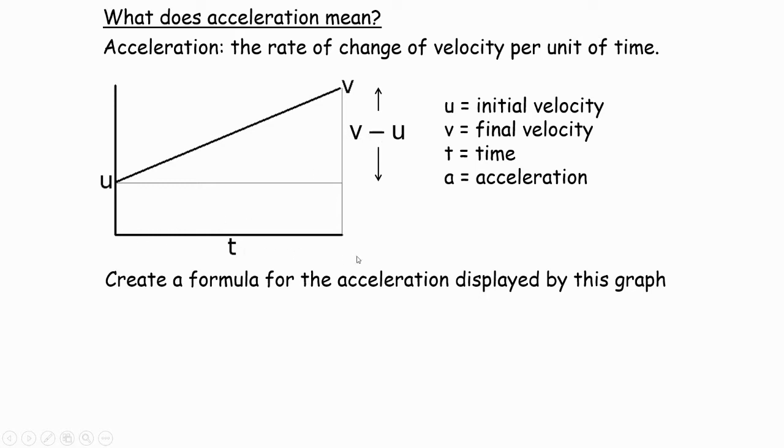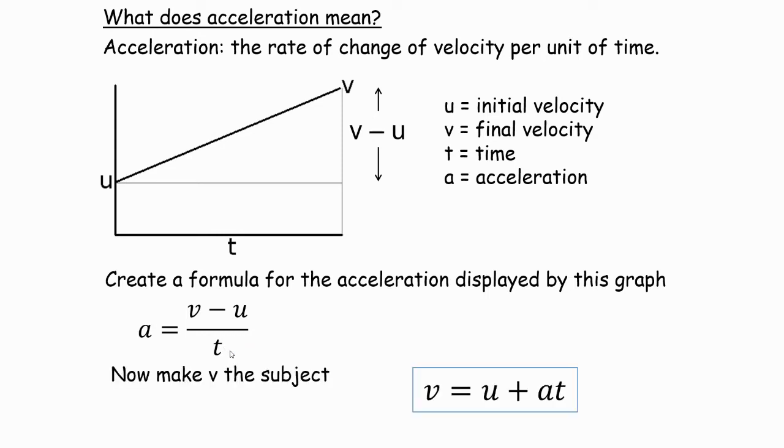The change in x is just t. So acceleration is change in y over change in x, a = (v - u)/t. We have got a formula connecting acceleration, velocity, initial velocity, and time. And if we rearrange it so that v is the subject, we have derived our first equation.